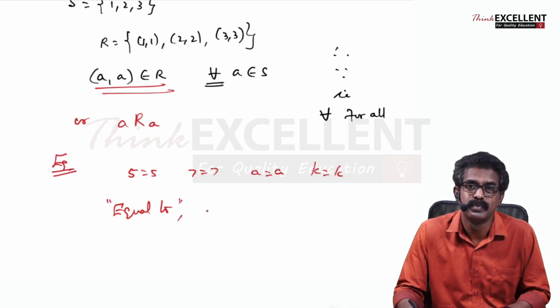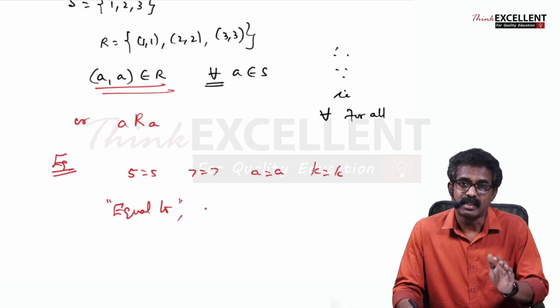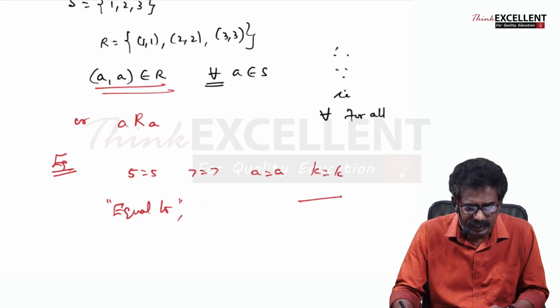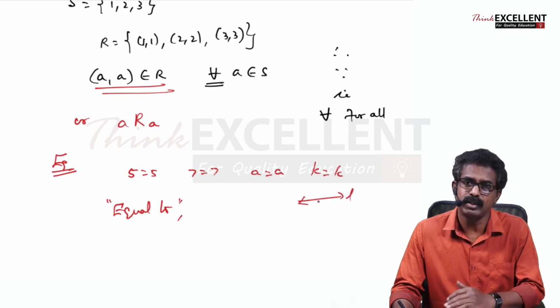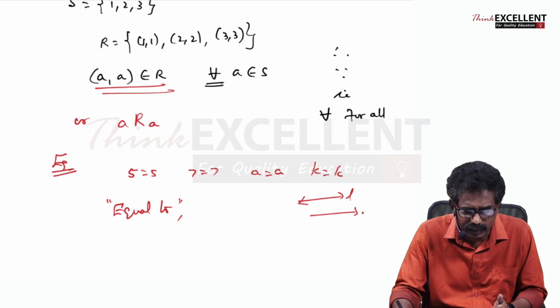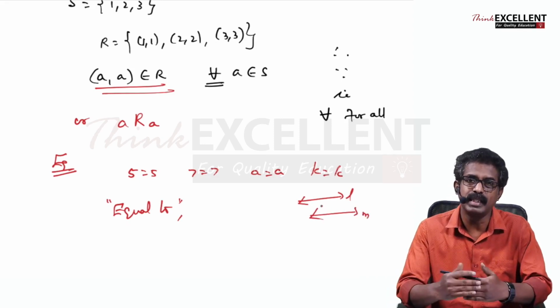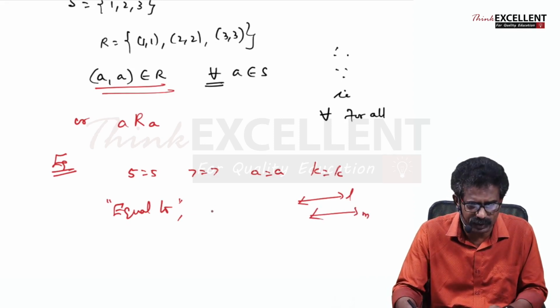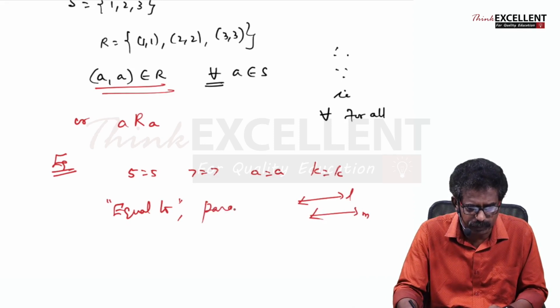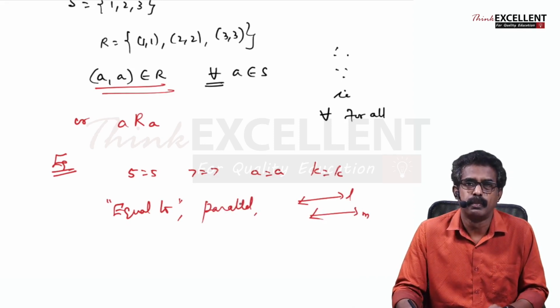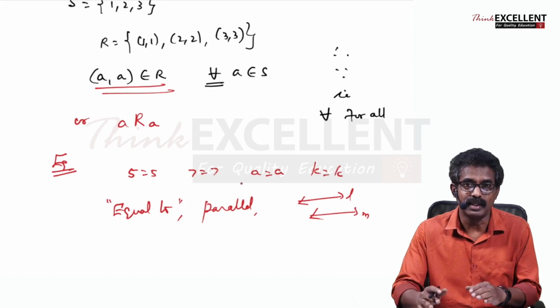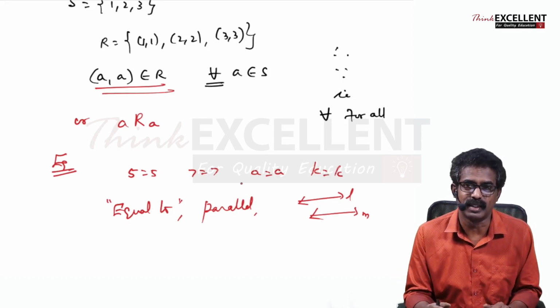Then parallel. In the case of lines, suppose a line L is given. The line L is parallel to L. The line M is parallel to M. A line is parallel to itself. So you can take parallel. Perpendicular you cannot say, right? A line is not perpendicular to itself.